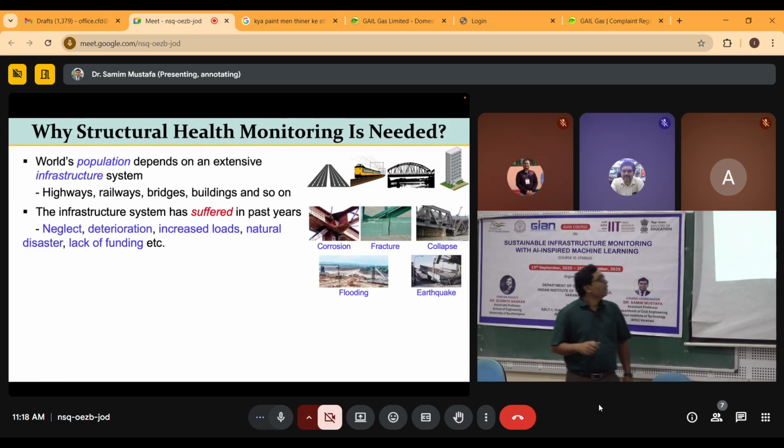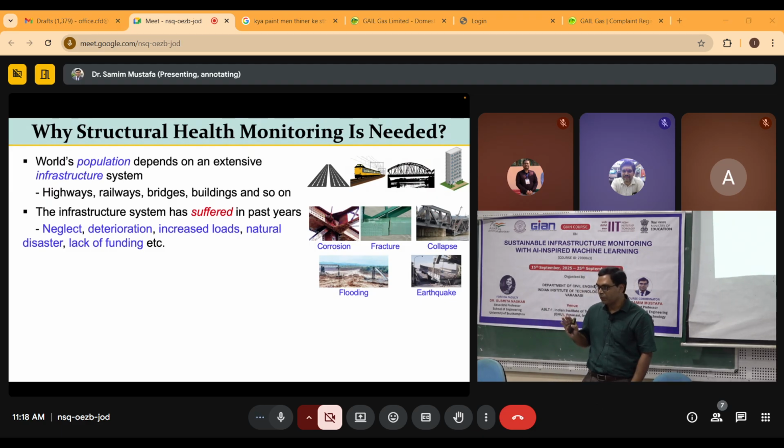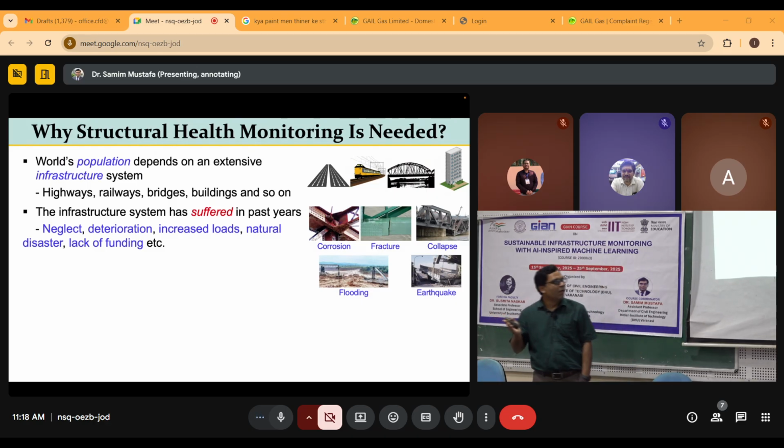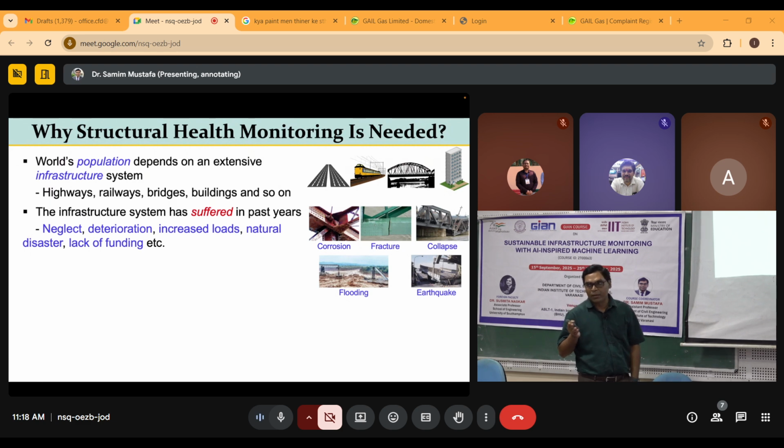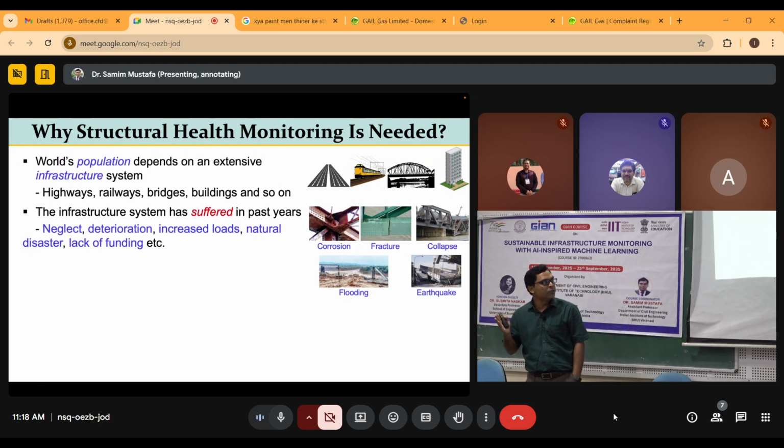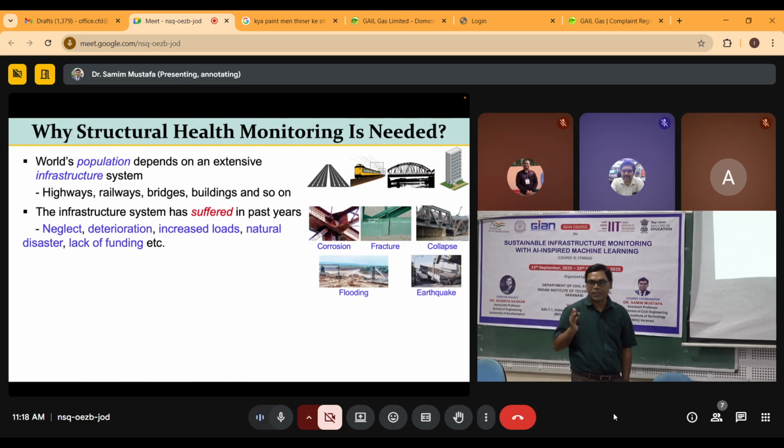So, as I said, a lot of highways, railways and bridges need to be constructed, and then they need to be maintained over a period of time. Once they are constructed, you should not leave them. You should also monitor them. What happens in India particularly is that there is a reluctance or negligence from the government side or the bridge maintenance owner, so they don't usually maintain their infrastructure regularly.